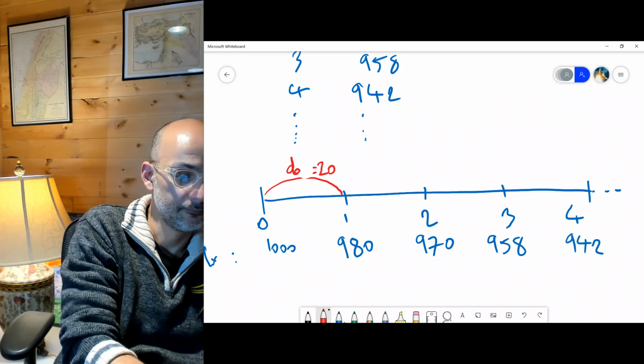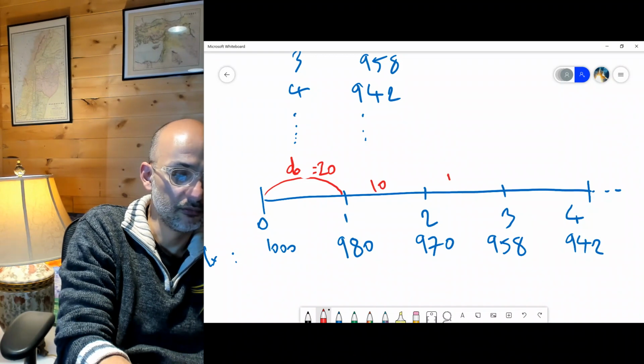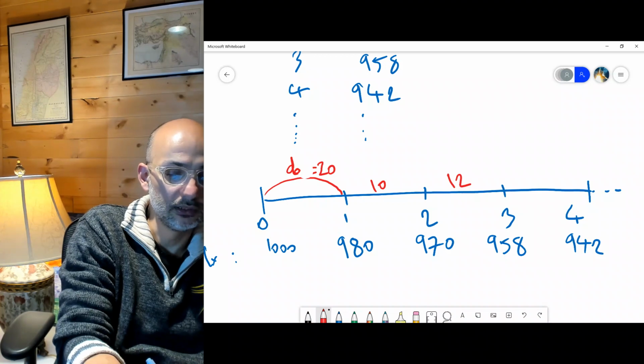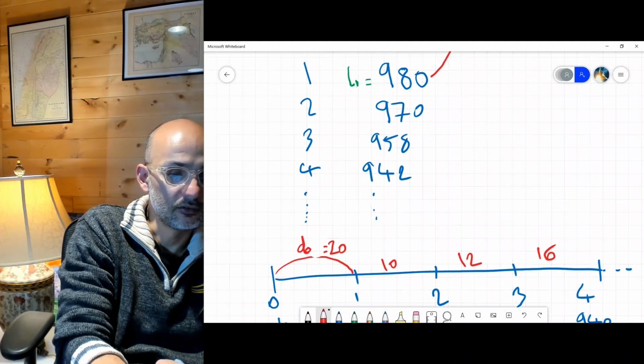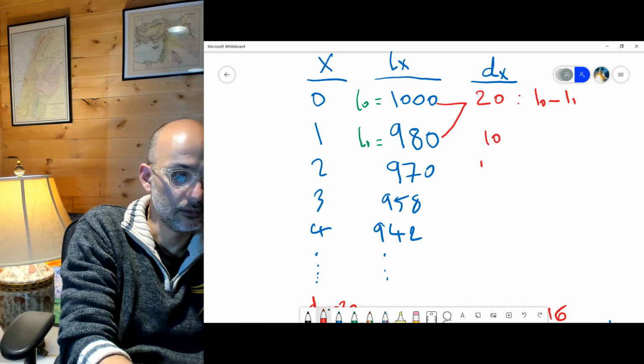Here it will be 10, here it will be 12, and here it will be 16.